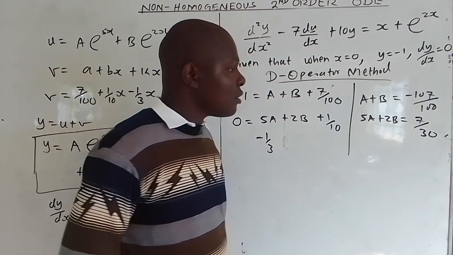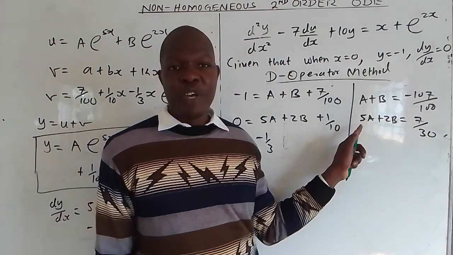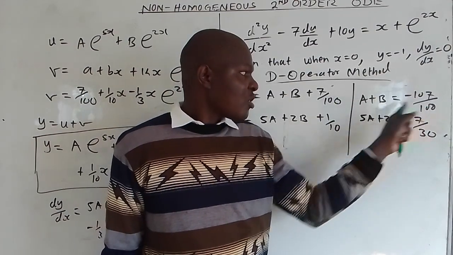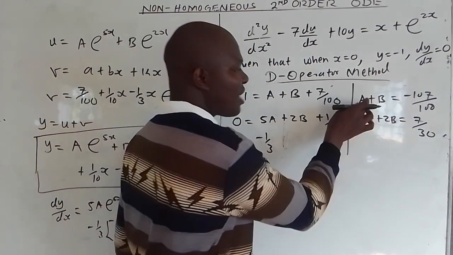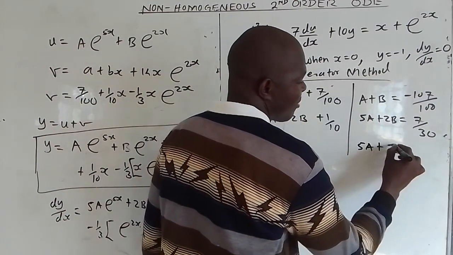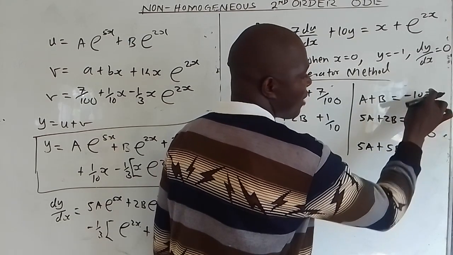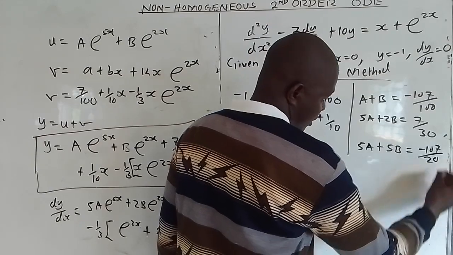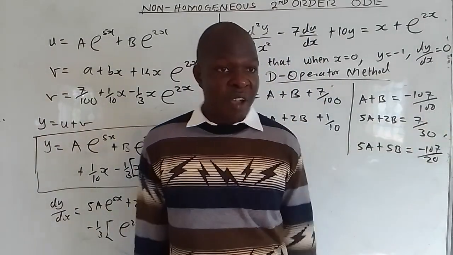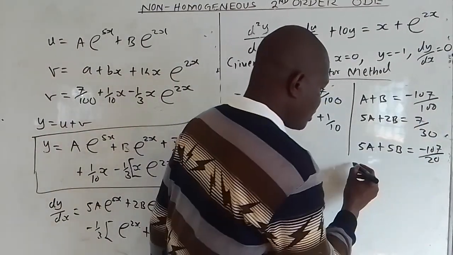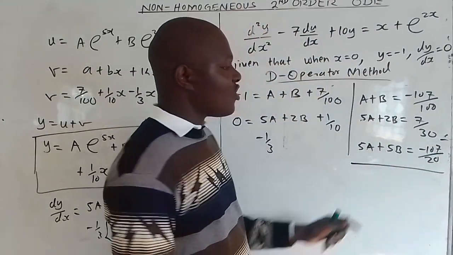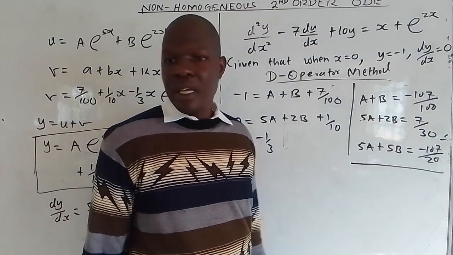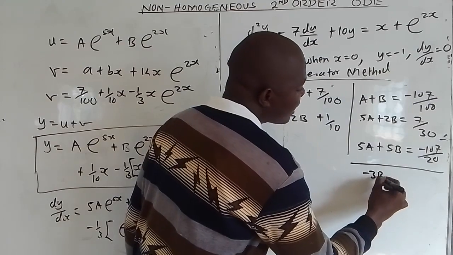So what do we do to solve for A? We use elimination, meaning you multiply the first equation by 5, isn't it? So 5 times A, 5A plus 5 times B, 5B, 5 times this you get negative 107 over 20. So eliminate, subtract. This minus this is 0. 2B minus 5B, negative 3B.